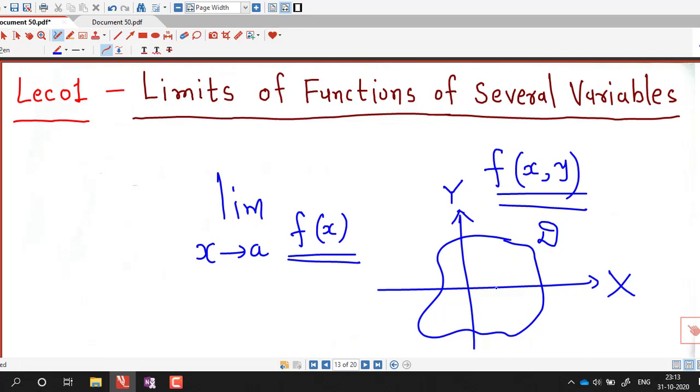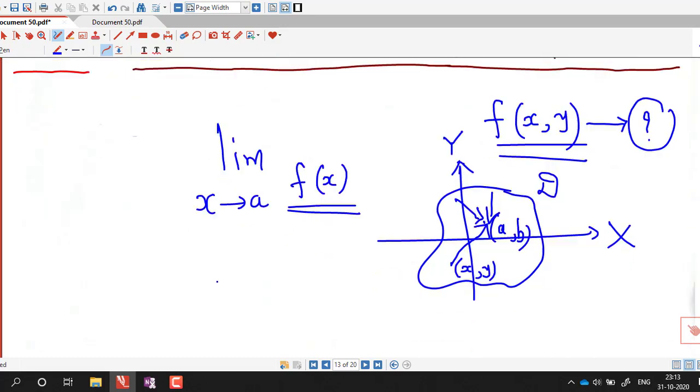So suppose we consider some fixed point, say (a, b), and we want to determine that if these points (x, y) in the domain are approaching this fixed point (a, b) from any direction, then the function will approach which real number.